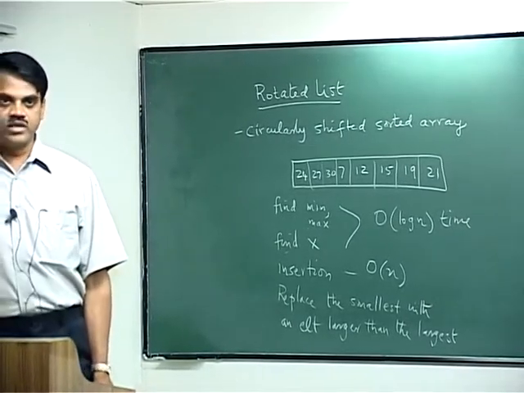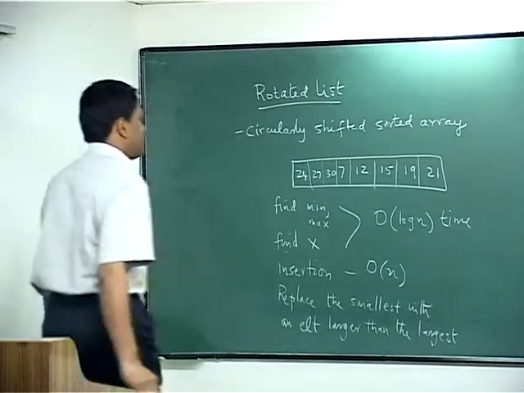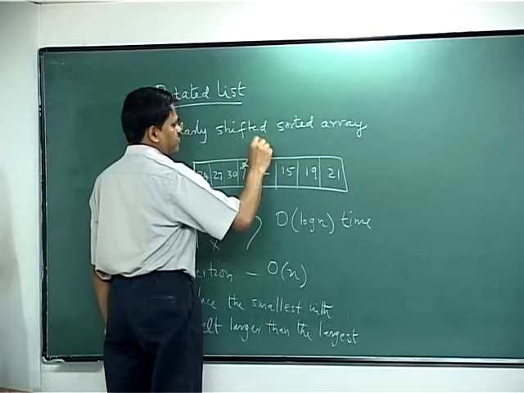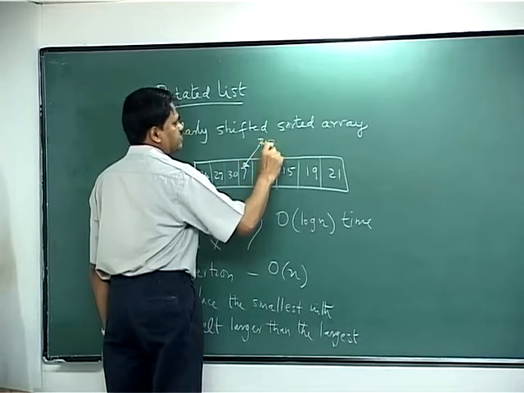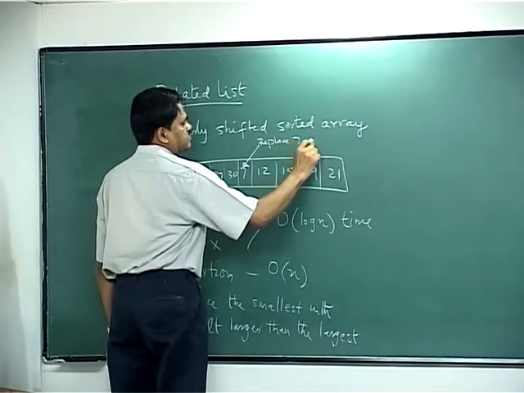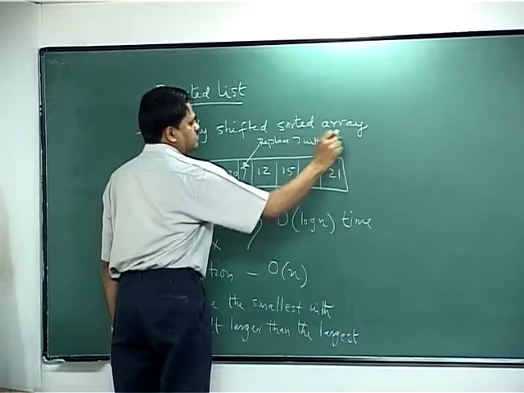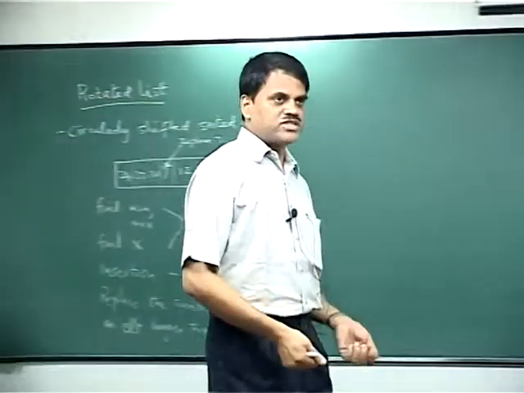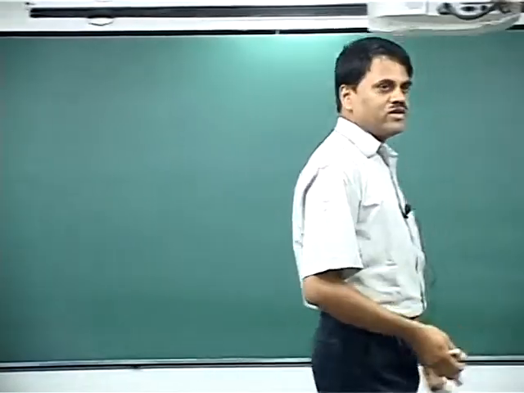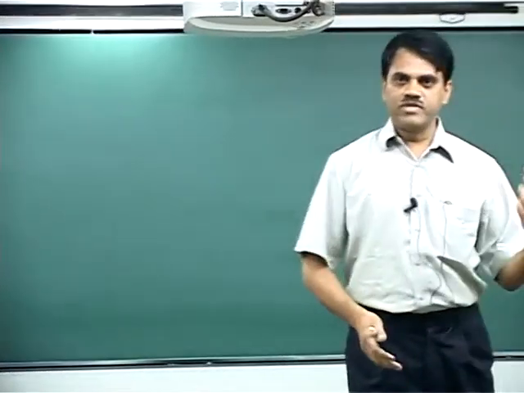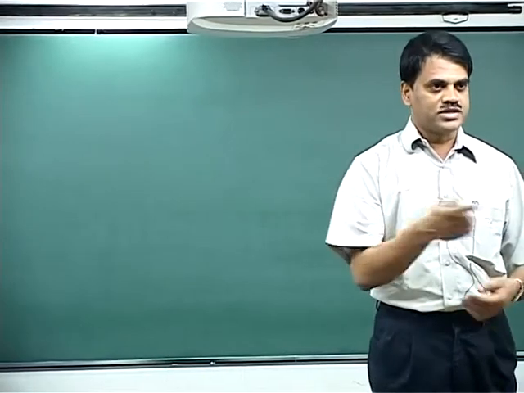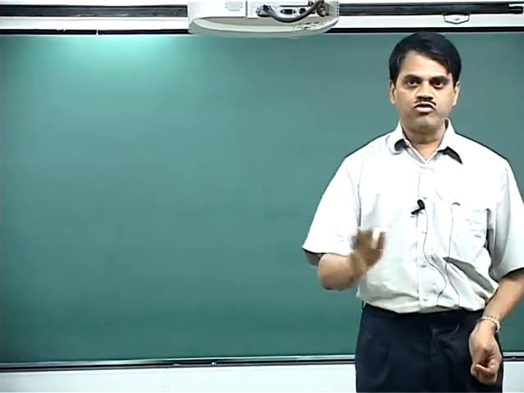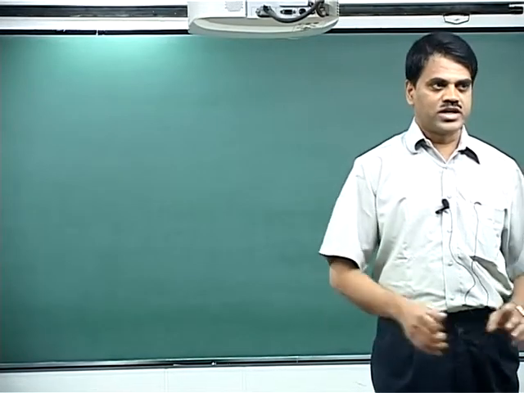You can do it in logarithmic time. In this case I want to replace the smallest with, let's say, 45 or something. Then I have to spend logarithmic time to find where the smallest is. But once I find that, I don't have to do any move. Just replace that by the largest. And you still have the rotated list, right? Except the smallest has now moved location, but it's a rotated list.